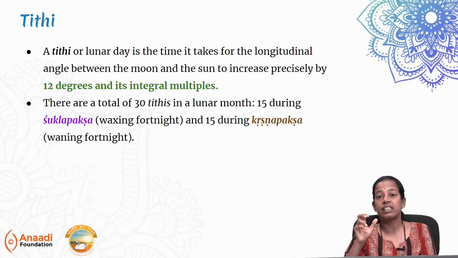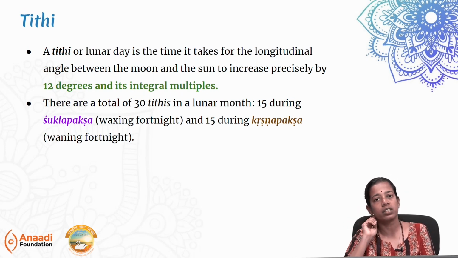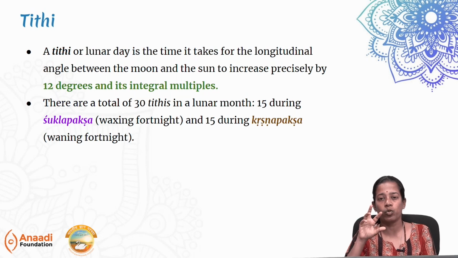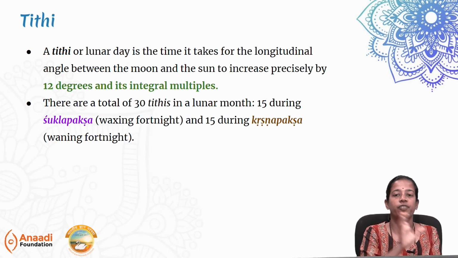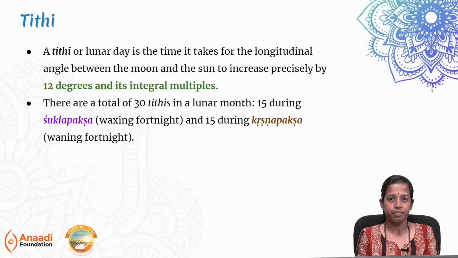And there are 30 such tithis or lunar days in a lunar month. What is a lunar month? One full synodic period is a lunar month, meaning it will have 15 days of Shukla Paksha and 15 days of Krishna Paksha, waxing and waning.